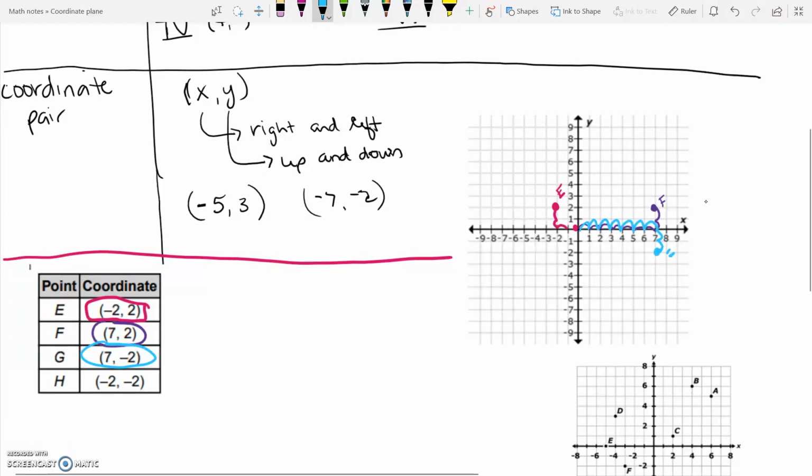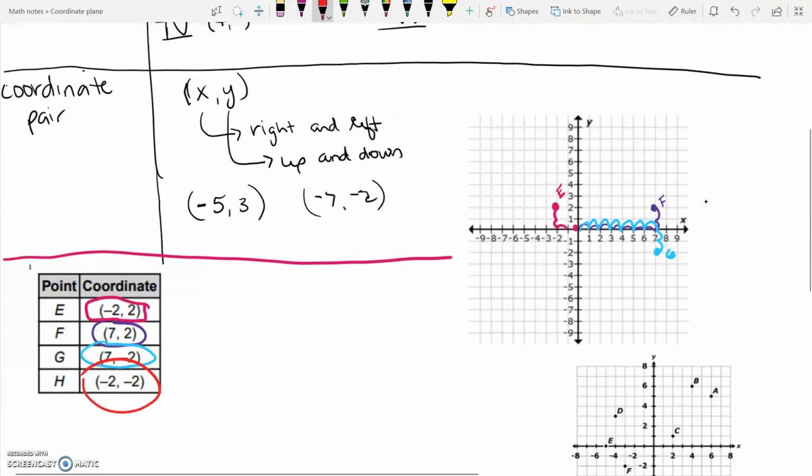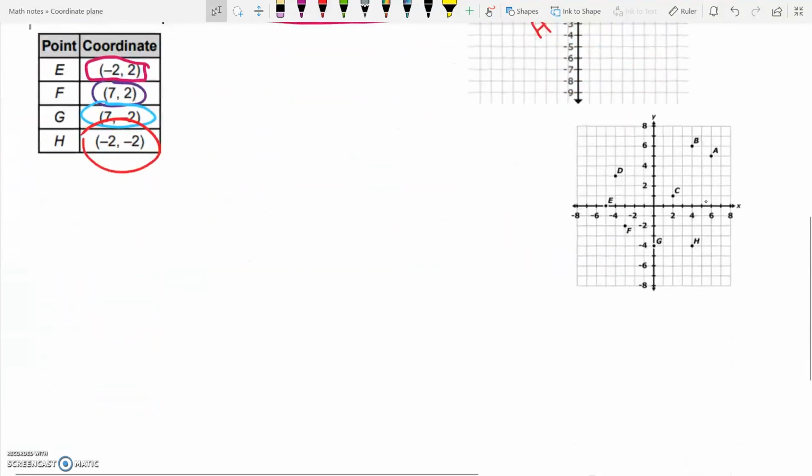This is point G. And then finally, we will go -2 and -2. So that'd be -2 over, -2 down. Okay? If I were to connect all these dots, I would have a rectangle, which you will then use to find the area, but that's a little bit later on. All right, so that's how you would use a table and the graph together.